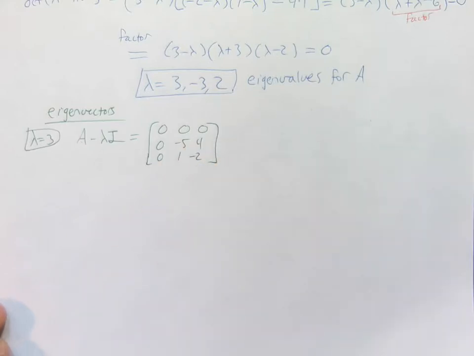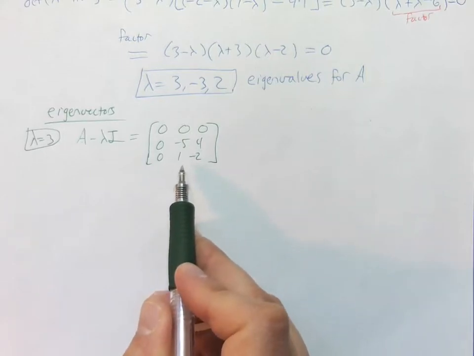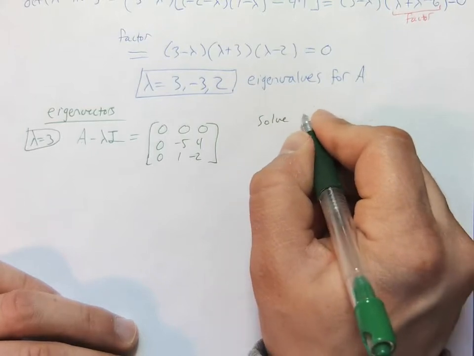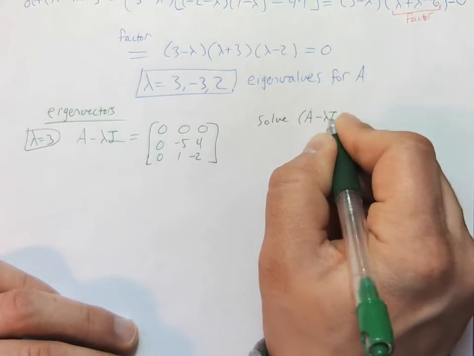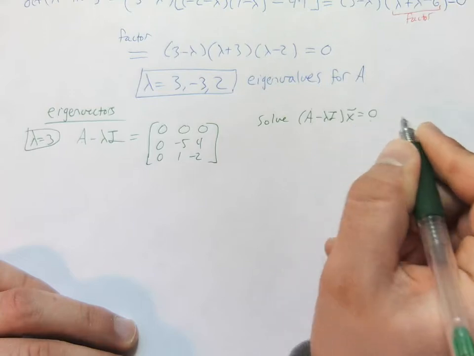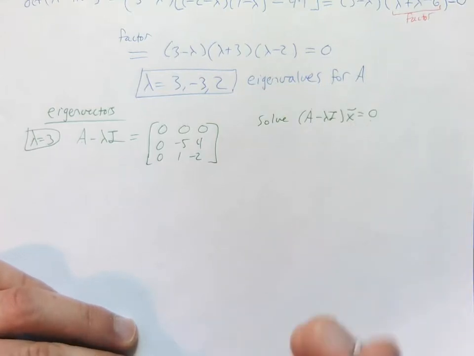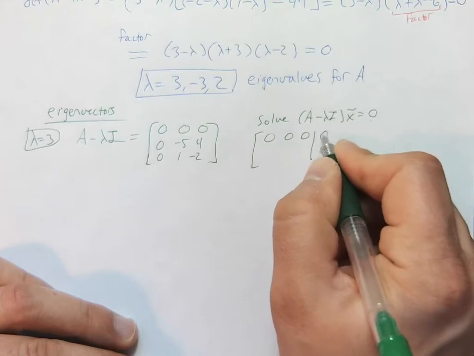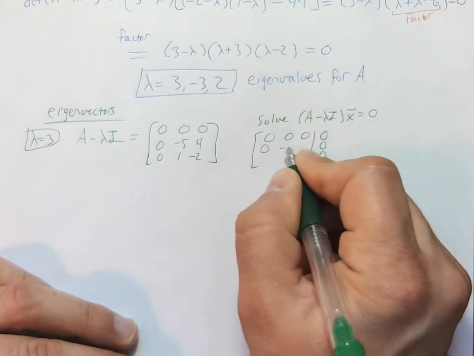Right, that's A minus lambda I. And we want to solve A minus lambda I times x equals 0, and the x will be the eigenvector. So let's take this matrix and put it in there with a column of zeros.